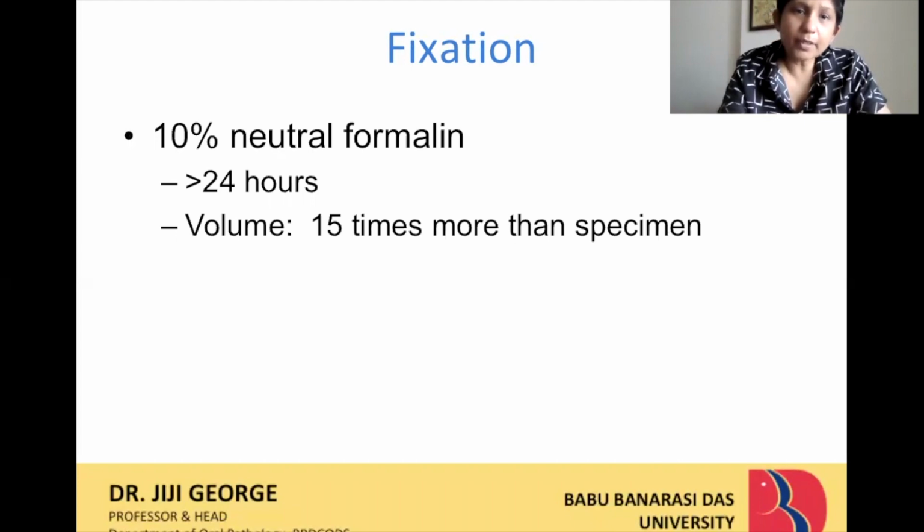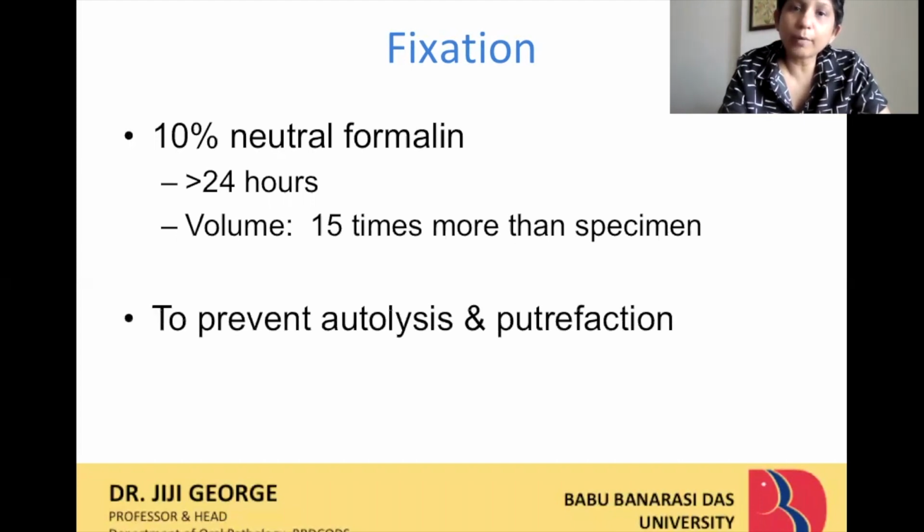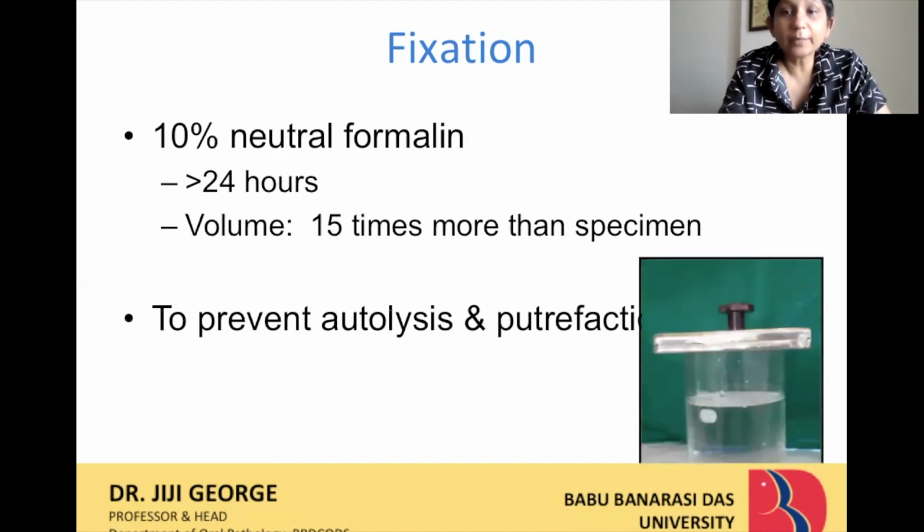Another point you have to remember is that the volume of formalin that you insert it into should be 15 times more than the specimen. That means the tissue should be very well embedded inside the fluid. This fixation is done basically to prevent autolysis and putrefaction. So in that picture, you can see it's a glass jar which we have closed with a lid.